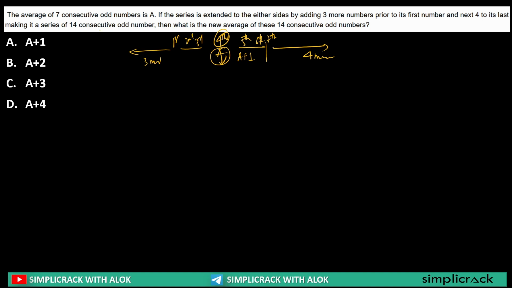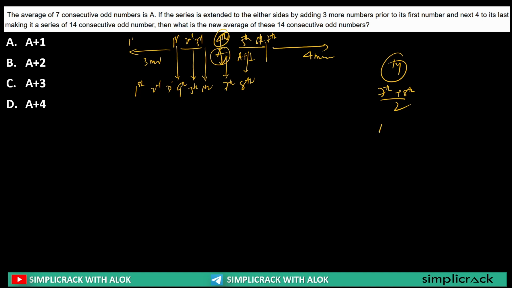Now what is the new average of the 14 consecutive odd numbers? If we are finding the mean of 14 numbers, it will be the 7th term plus the 8th term divided by 2.